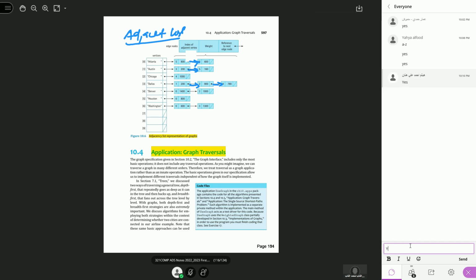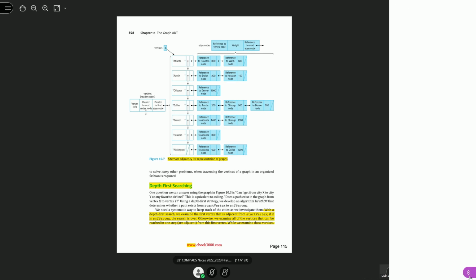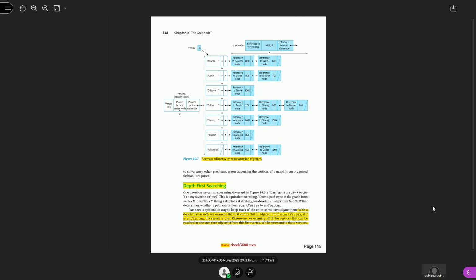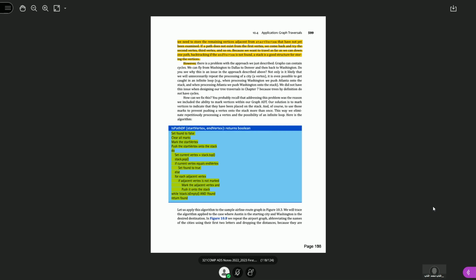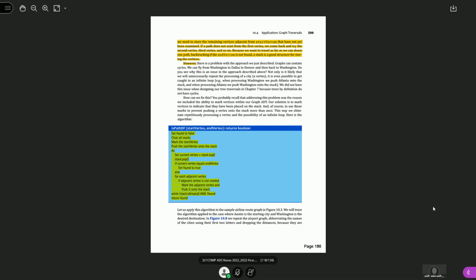Okay. Then the last one was the chaining. Okay, the same method, adjacent list. Bucket or chaining, where is it? What happened?